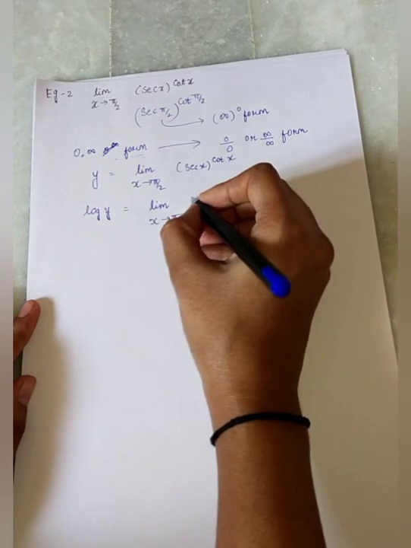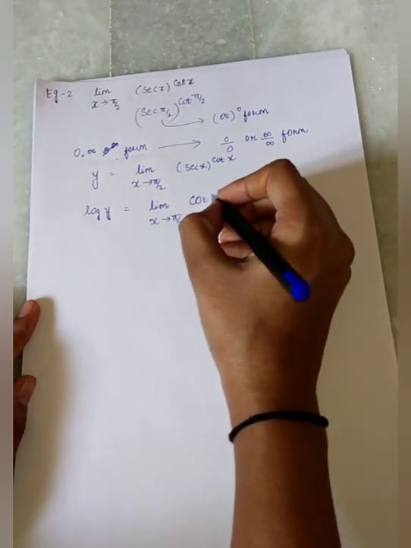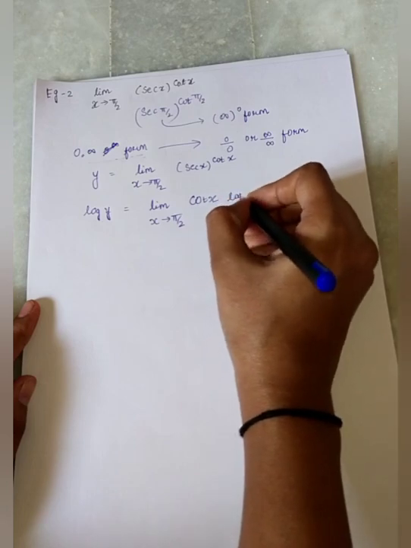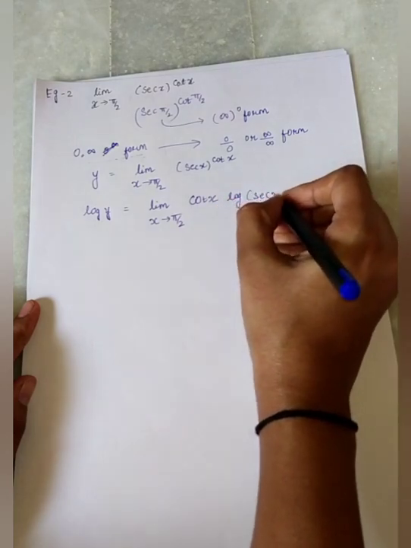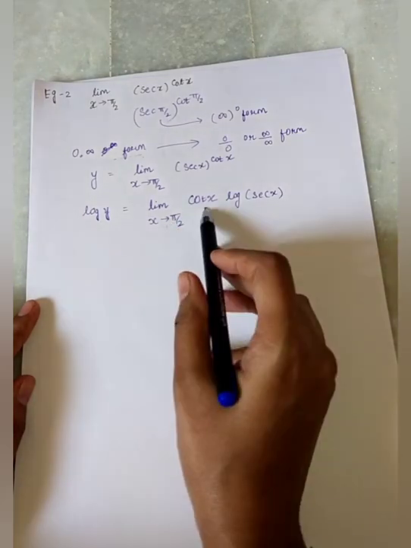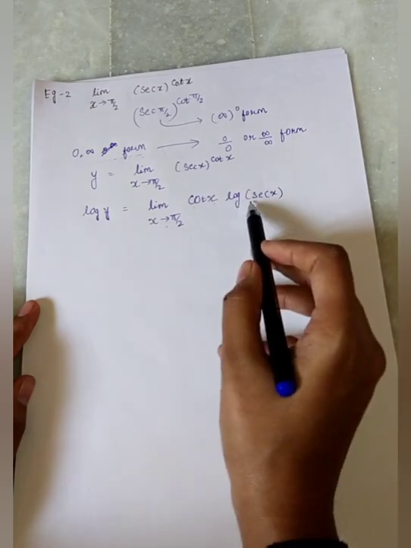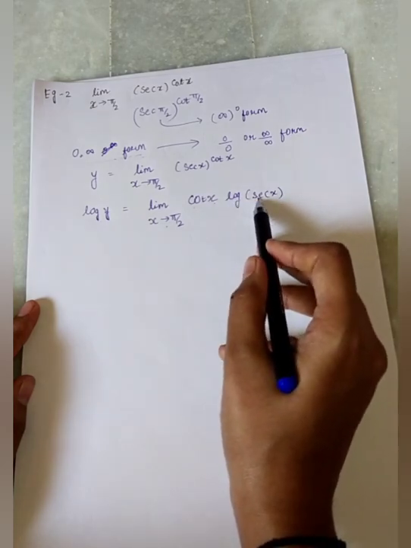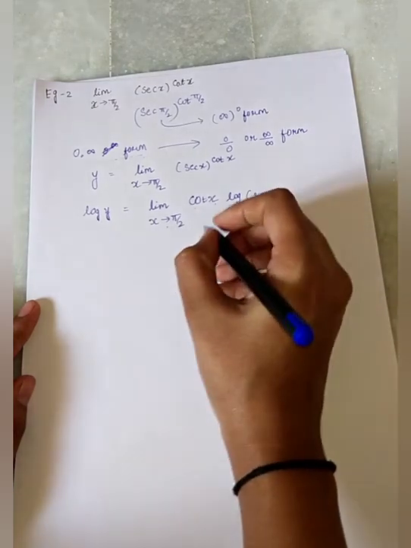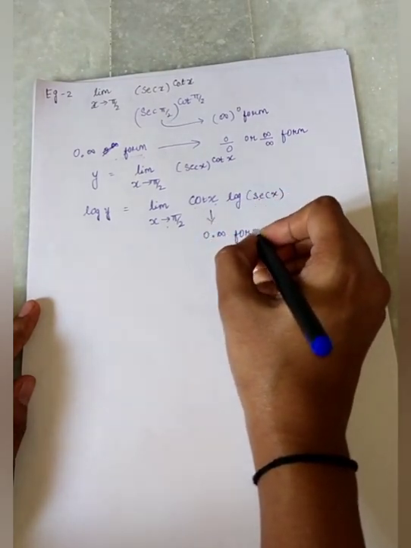This cot x will come before sec x as we multiply by log, so cot x into log sec x. Okay, and now if we substitute this limit into this equation, then cot pi by 2 is 0, and log sec pi by 2, that is infinity log. So we get 0 into infinity form.